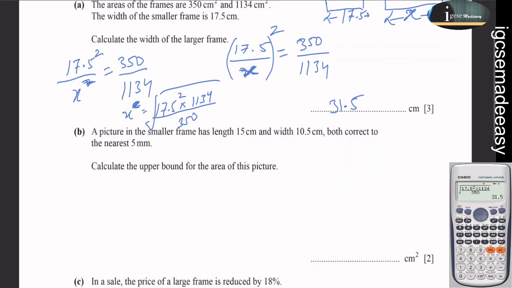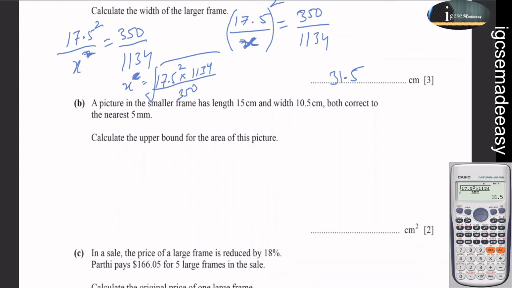The picture in the smaller frame has length 15 cm and width 10.5, both correct to 5 mm. So you should know that if it is corrected to the nearest 5 mm, you have to halve this.